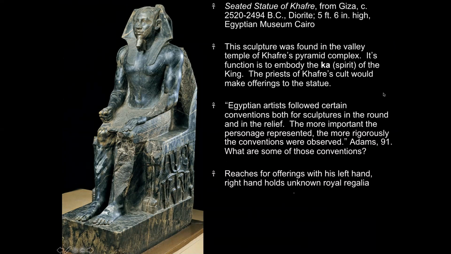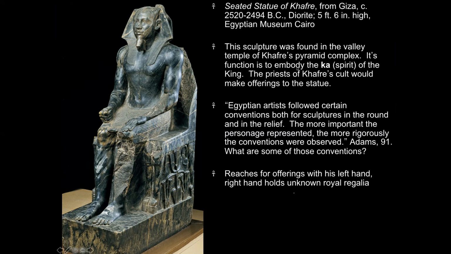So the sculpture was found in the Valley Temple of Khafre's pyramid complex. Its function is to embody the Ka, the spirit of the king. The priests of Khafre's cult would make offerings to the statue. So when you see the statue, you can see it's obviously beautiful and aesthetically pleasing. But this statue, once it was made, would not be seen by anybody, even the priests of Khafre's cult.